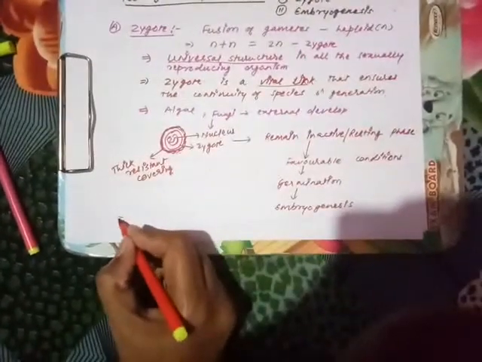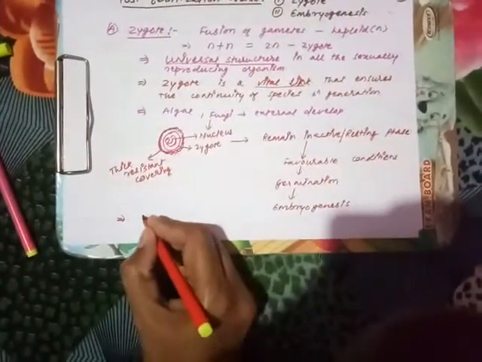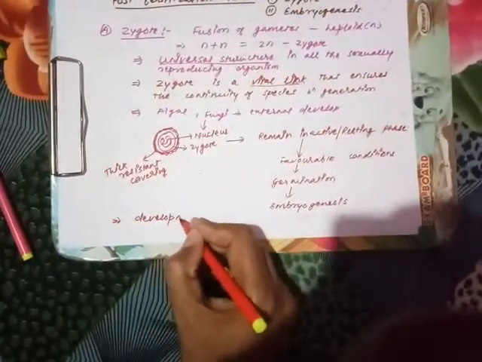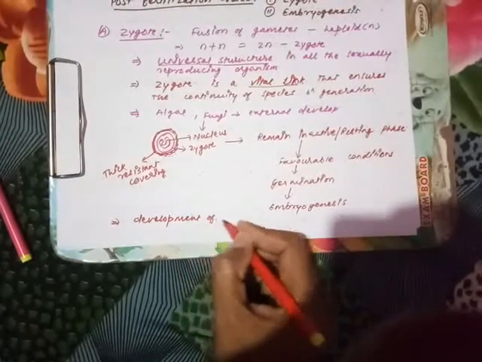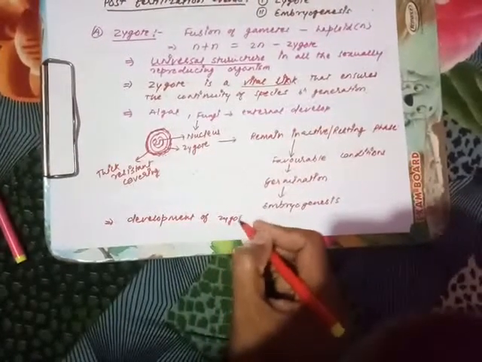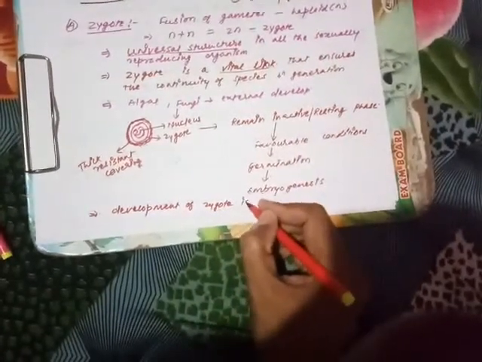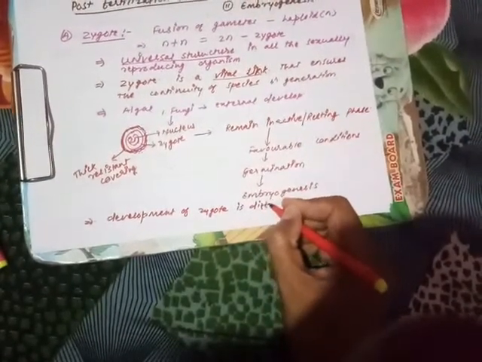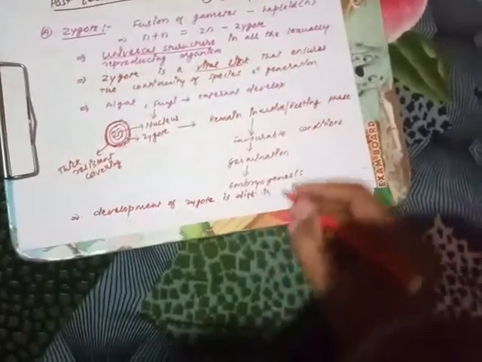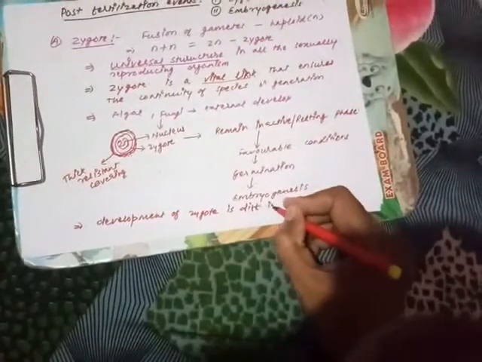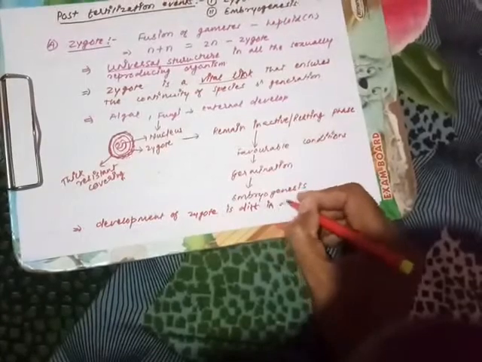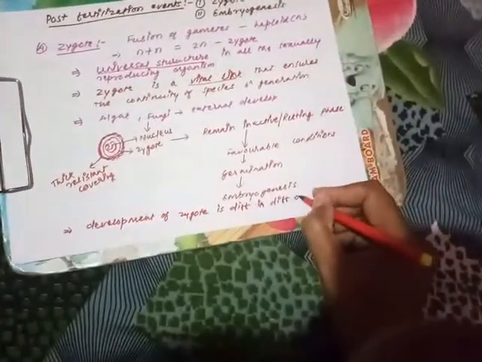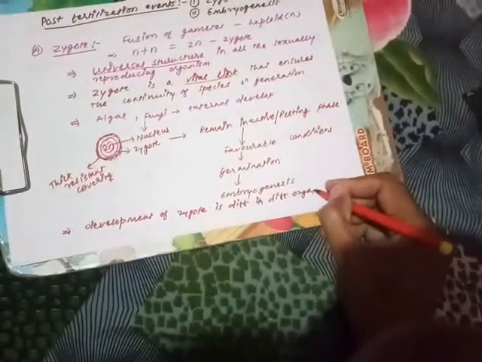One more point we have to take care of: the development of the zygote is different in different species, different organisms, depending upon the life cycle.